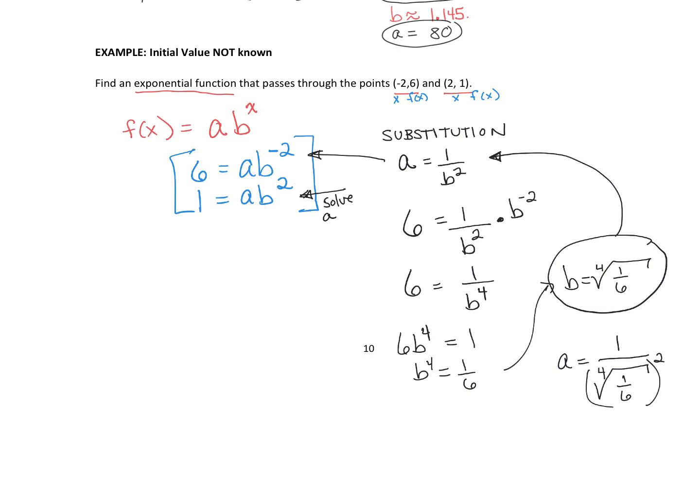So b is approximately 0.6389 and a is approximately 2.45. So our function, f of x, is going to be 2.45, that's our a value, times 0.6389 to the x.